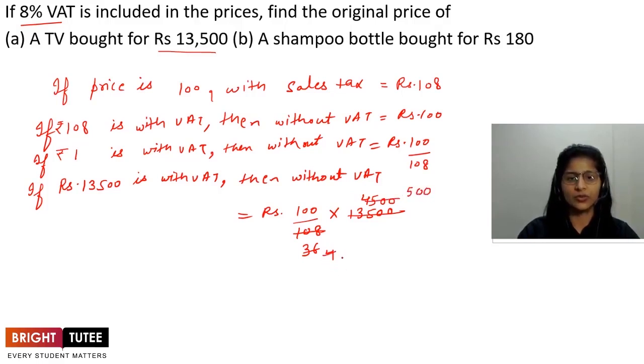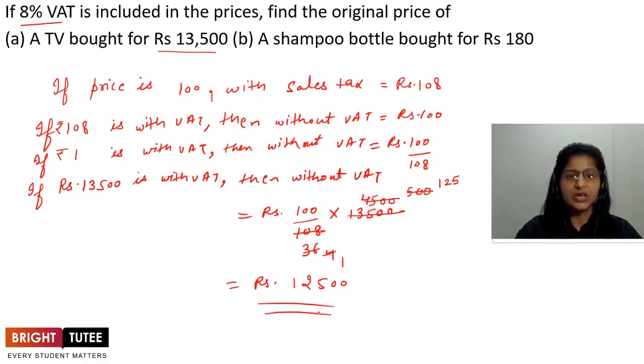Let's cancel it with 4, 4 1s are 4, 4 1s are 4, 1 is left, 4 2s are 8, 2 is left, 4 5s are 20. So 125 into 100, we will get 12,500. So this is the amount without VAT.